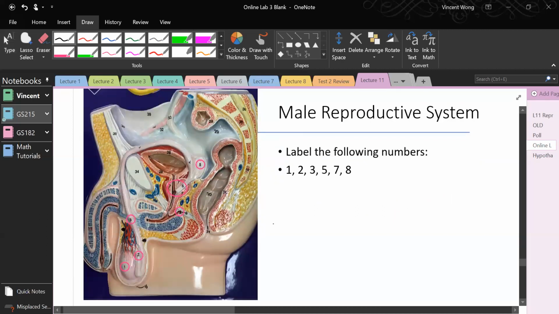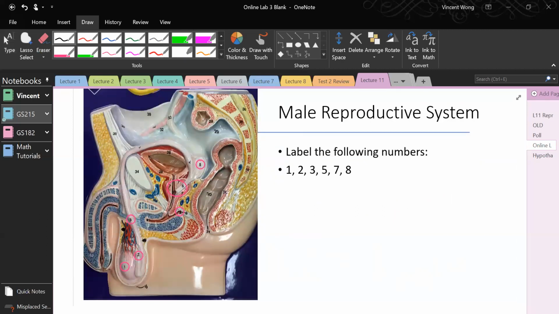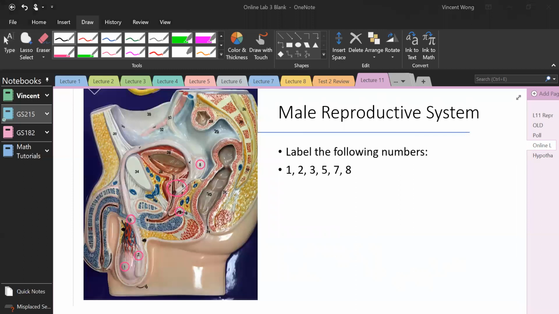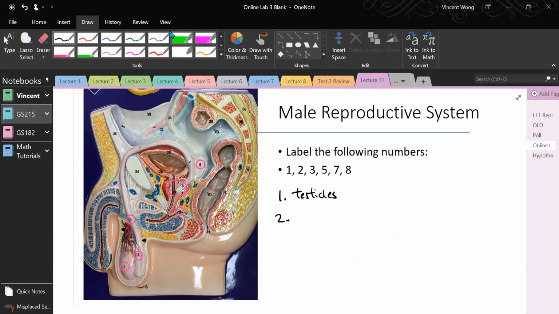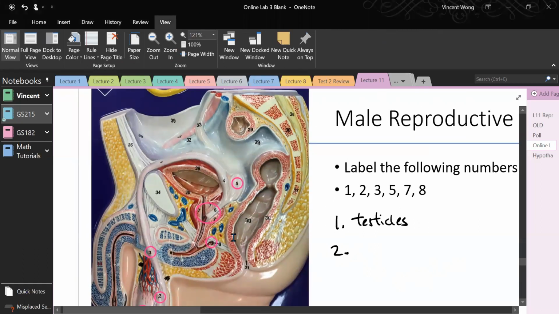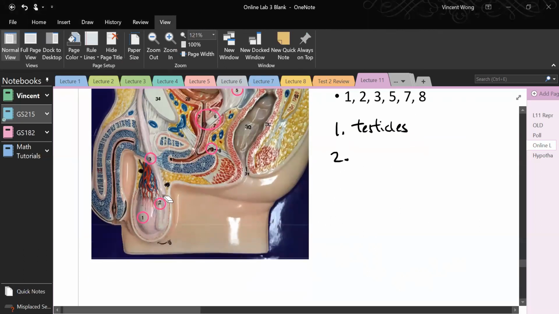Okay, male reproductive system. Let's see what we have here. Number one, which is down here, that is the testicles. Number two is right here.